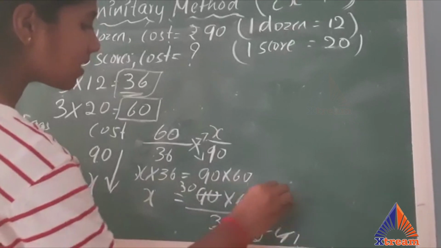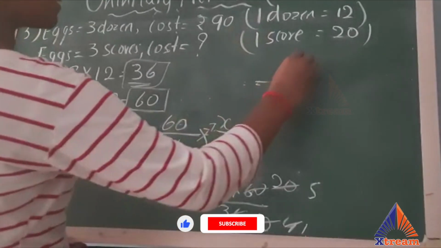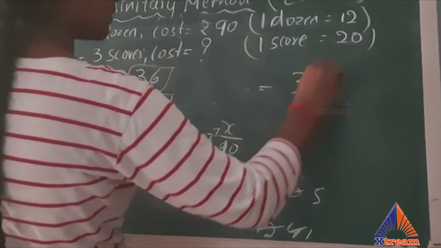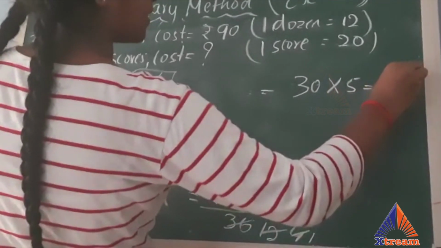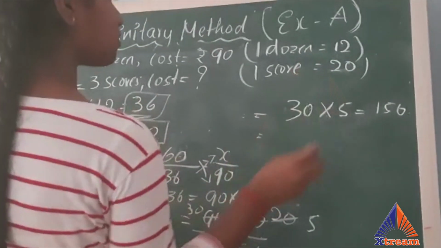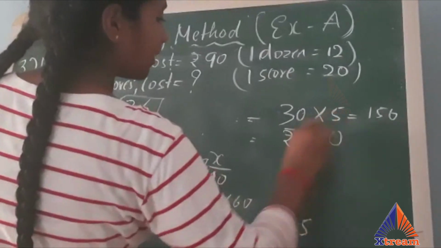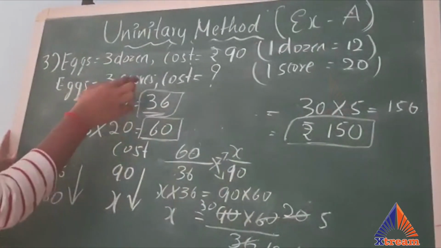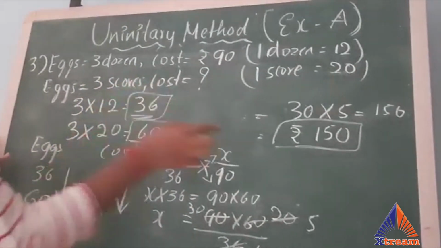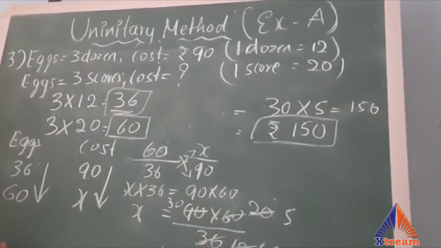So 4 1s are 4, 5s are 5. That means it is 30 into 5. That is 150. So the cost of x will be rupees 150. So the cost of 3 scores eggs is rupees 150. So this is how you will solve the question.